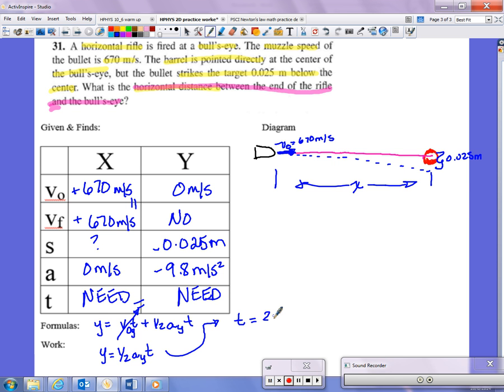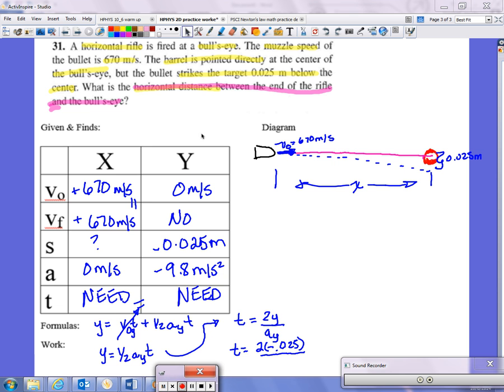So I have 2y over a sub y. So t squared is equal to 2 times negative 0.025, and we're going to divide that by negative 9.8.